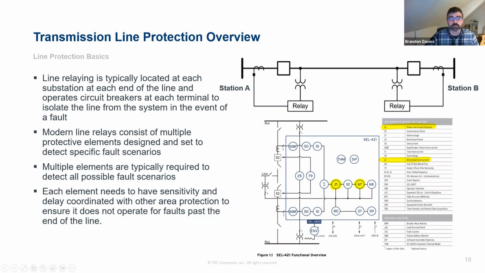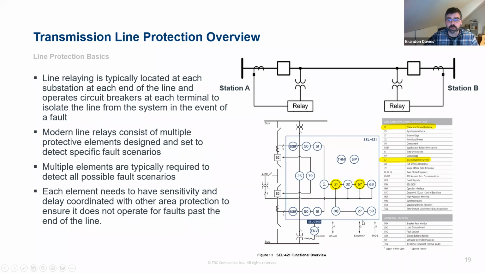We had a lot of very single purpose relays, but these days modern relays, probably the ones that you've worked with in the lab and things like that, are more advanced and have dozens of protection functions and dozens of protection elements within those functions that you can use as a protection engineer to provide the protection you need for the transmission line and detect all those different types of failures in different operating scenarios and in different system configurations and fault locations and all of that.